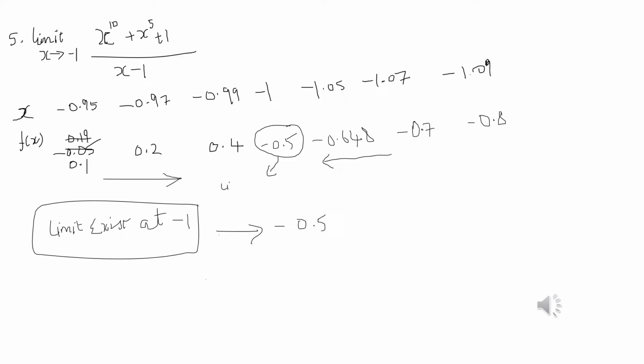When we substitute the corresponding values for f of x, we found minus 0.5 when x approaches minus 1. So this is the answer: when the limit x approaches minus 1, the corresponding value would be minus 0.5.